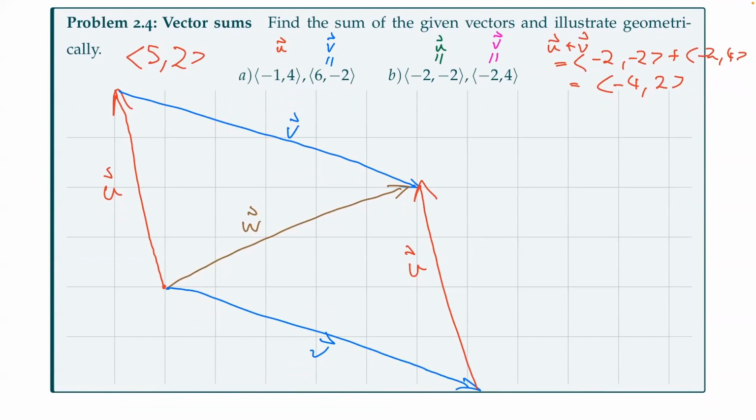So suppose we start up here. u is -2, -2, so left 2 units, down 2 units. v, we're going to be going left 2 units and, oh no, I wanted to do the other way around. I'm going to start off with v first, otherwise I'll run out of space here.